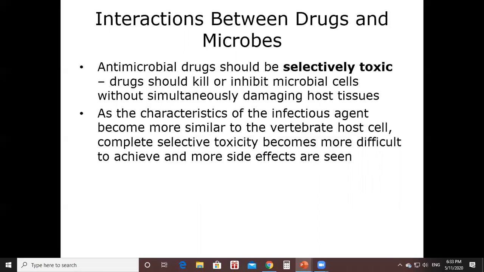And so we're so different that if there's something that will affect and become toxic for a bacterial cell, it's easier for us not to be affected by it. But the closer that the parasite or the infectious agent is to our cells, the harder it is to find antibiotics and antimicrobials that will kill it without affecting us.